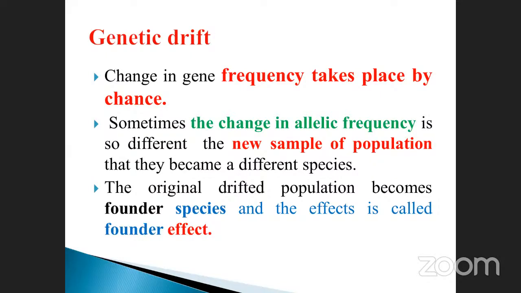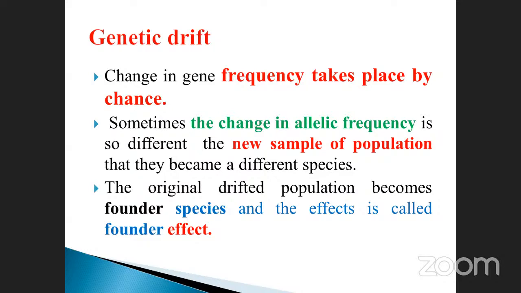See, the original drifted population becomes a founder species, and the effect is called the founder effect. You must note it down. Very, very important. The parent is considered a founder species. Which one is the original drifted population? That is the parental one.